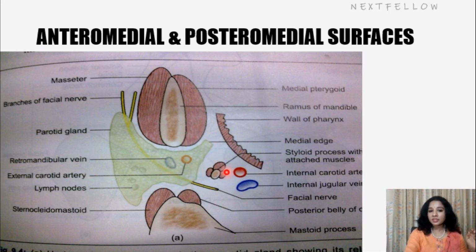The posteromedial surface is related to the styloid apparatus, meaning the styloid process, the structures attached to it, and the structures related to it. And posteriorly it is also related to the mastoid process and structures attached to it. So that is the wholesome relations of the parotid gland in cross section.